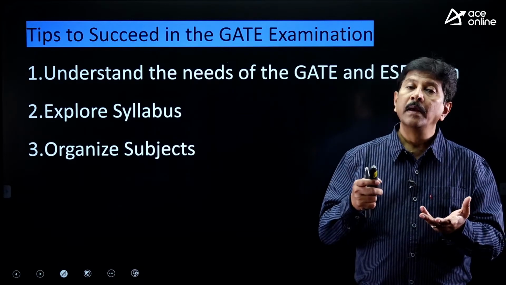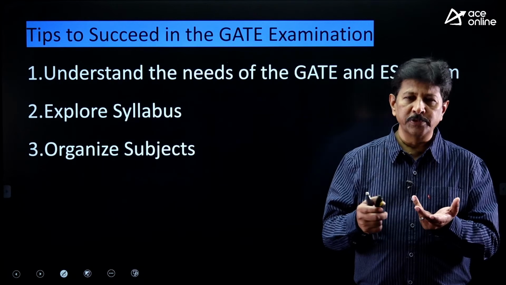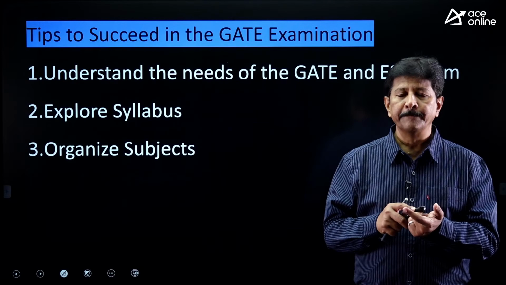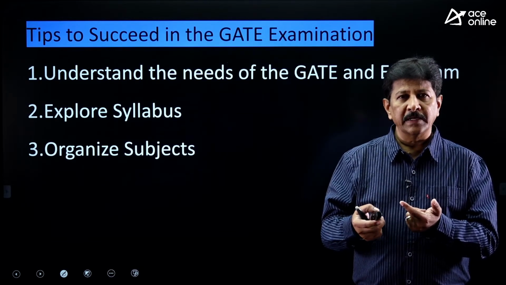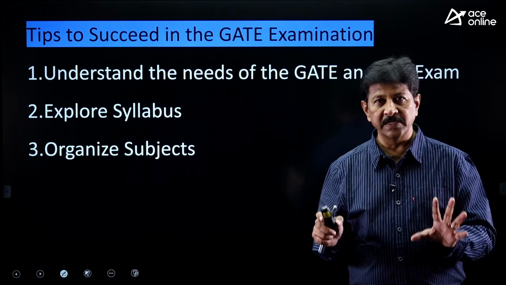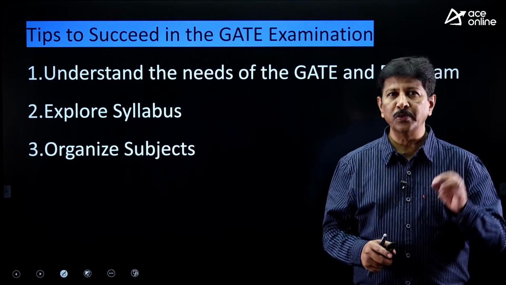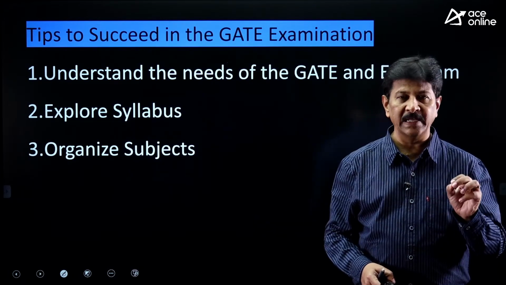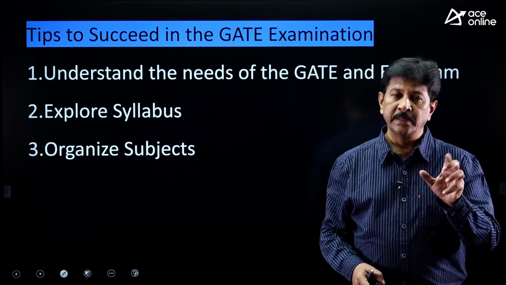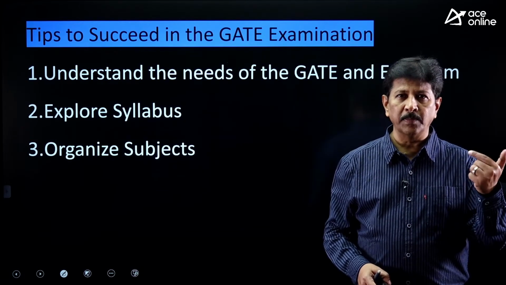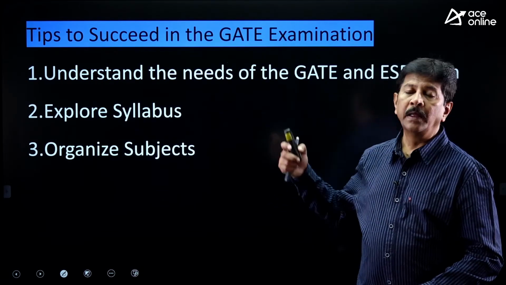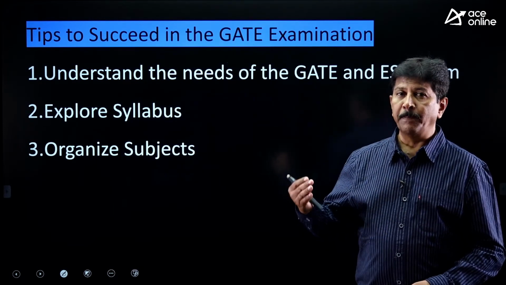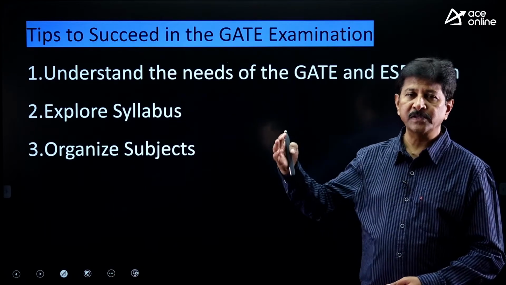Whether it is signed number multiplication, Booth's multiplication, arithmetic logic unit designing, or any other calculations, we require the concepts of digital electronics. Without knowing digital electronics, this subject is probably not going to be understood completely. So prepare digital first, and once you complete that, you can come to computer organization. Organize the subjects in that manner, such that by the time you come to CO, its fundamentals are completed.